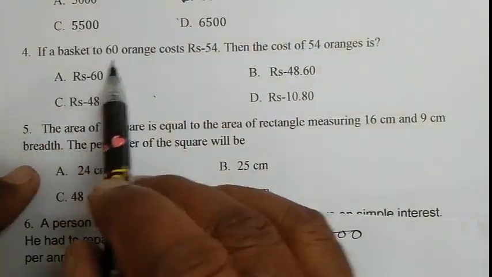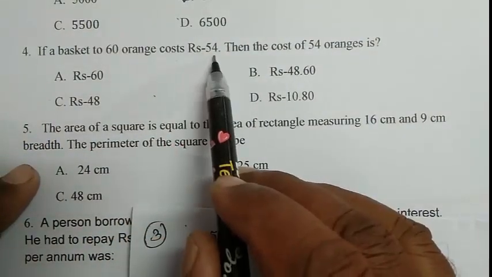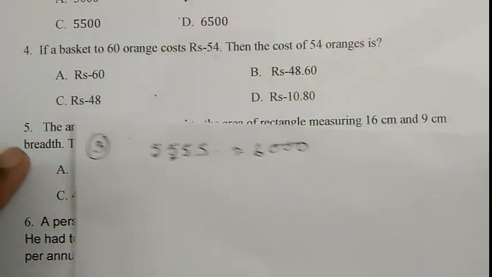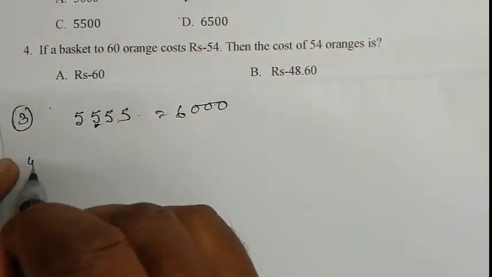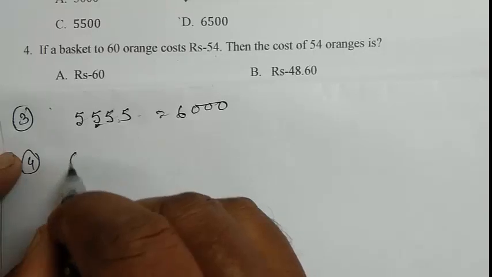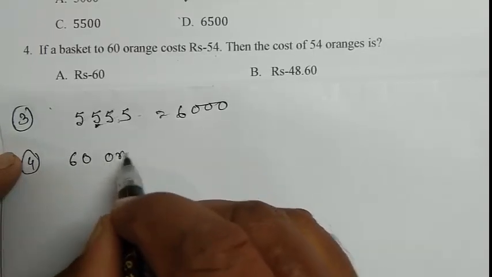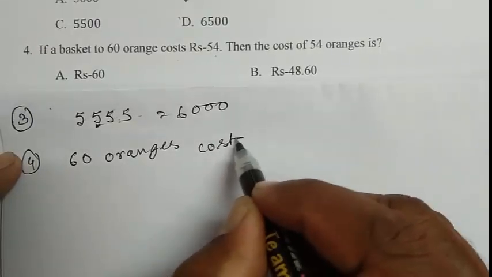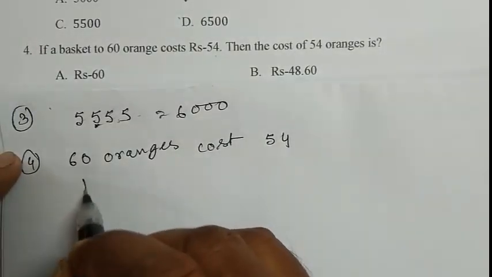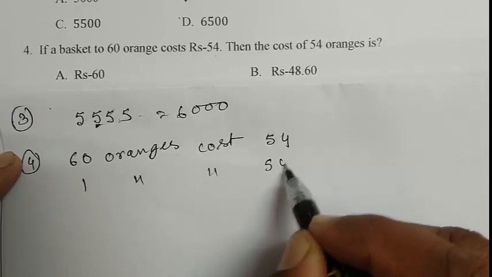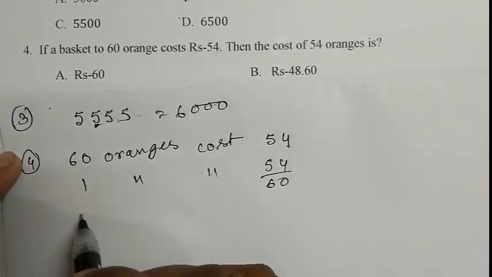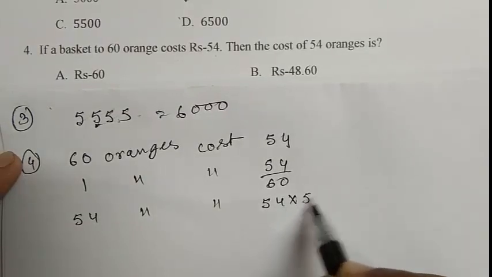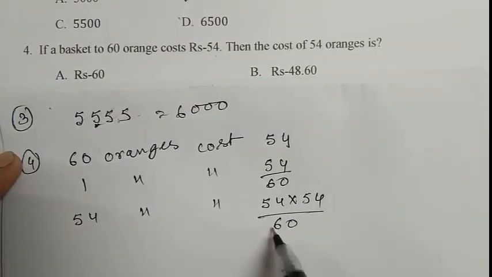Question number 4. If a basket of 60 oranges costs 54, then the cost of 54 oranges is, simply, we calculate it by the unitary method. 60 oranges cost 54, so one orange costs 54 by 60, and 54 oranges cost 54 into 54 by 60.